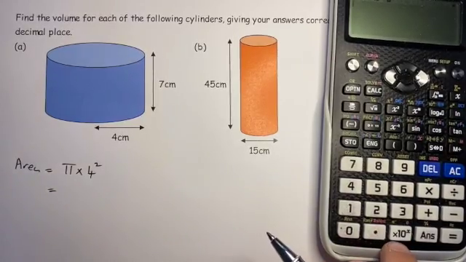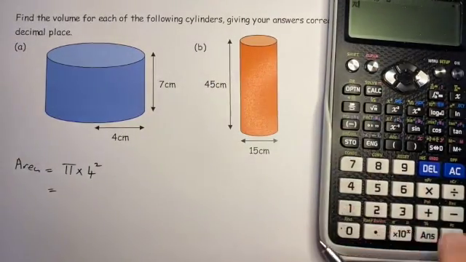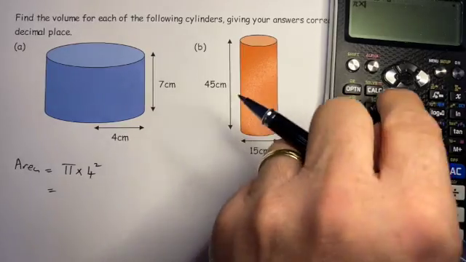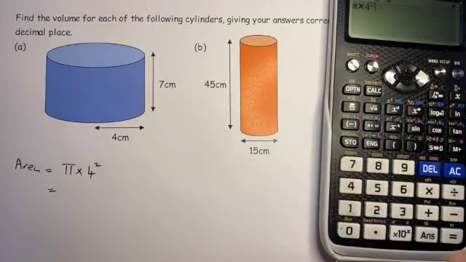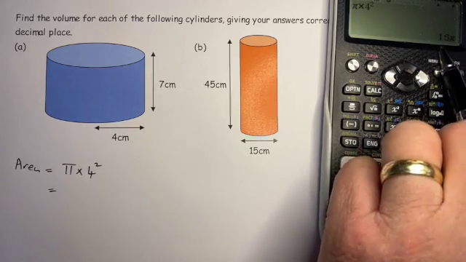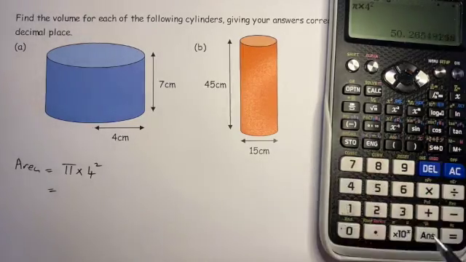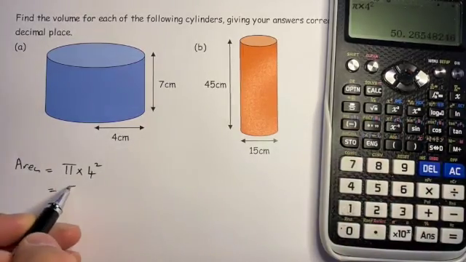So we need the pi button, or knowledge of the pi button on the calculator, which on these Casios is shift, and that button there brings up pi, times 4 squared, equals. Now it normally brings it up in terms of pi, so 16 pi, but if you press the SD button, that'll tell you the decimal if you wish to write that down instead.